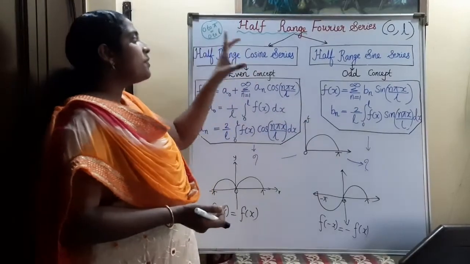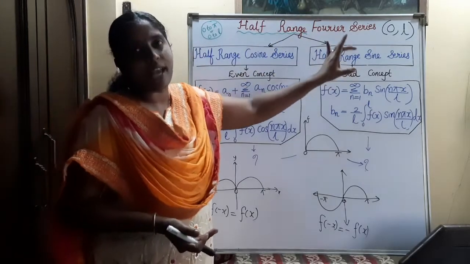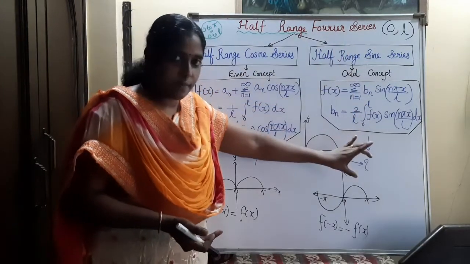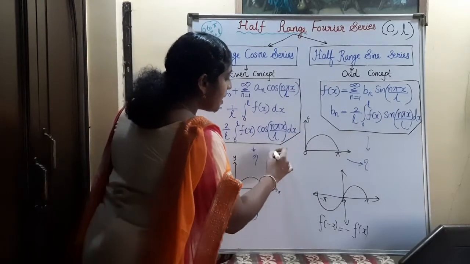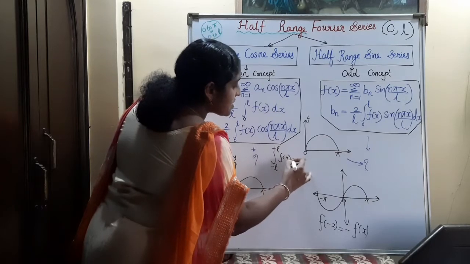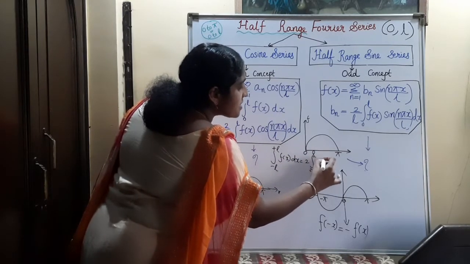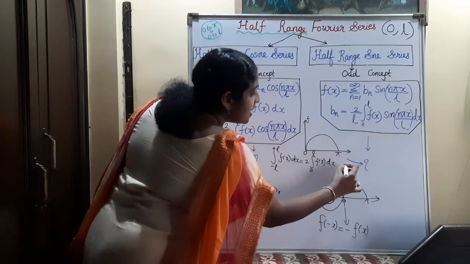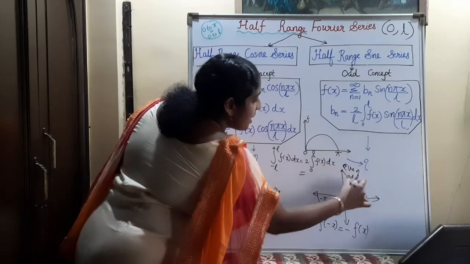That is, the concept we use in the half range cosine series is the even concept, whereas that of the sine series is the odd concept. That's why we use the formula: integral from minus L to plus L of f of x dx is equal to 2 times integral 0 to L of f of x dx if the function is even, and if the function is odd, this becomes 0.